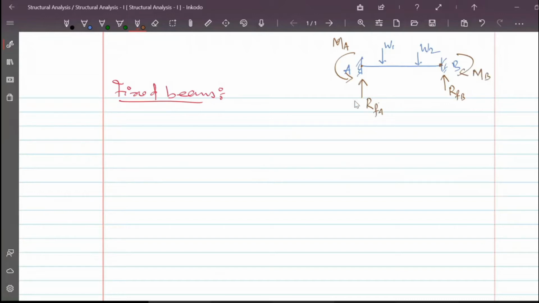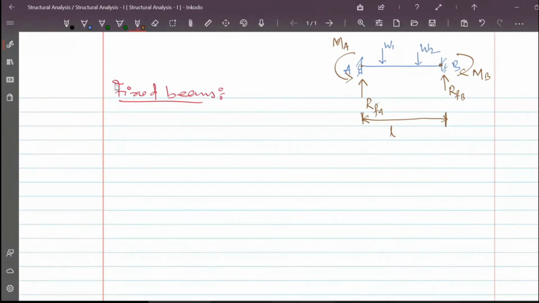And let us say the span of this beam. I hope everything I am writing is clear to you. Can you see it properly? Please respond.